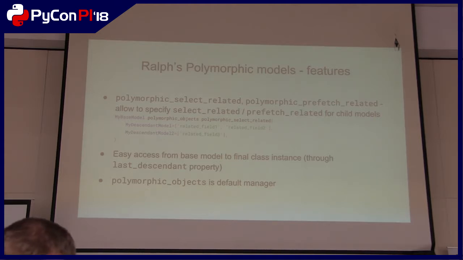The next feature is easy access to the final child instance through the last descendant property, and the polymorphic object is the default manager. I don't know if you know that, but the default manager is the first one which is placed in the model, and this default manager is used, for example, automatically by Django.